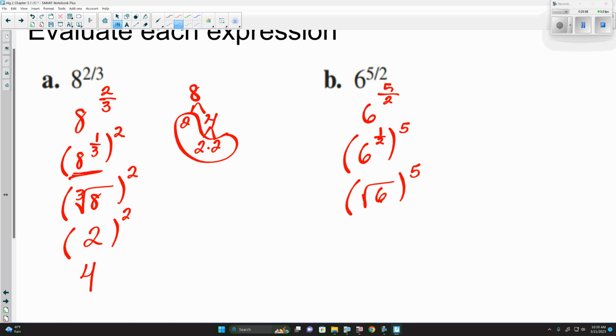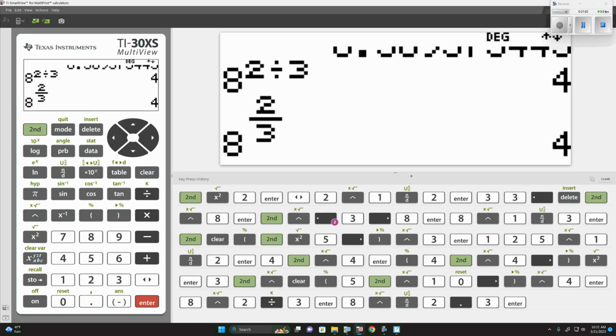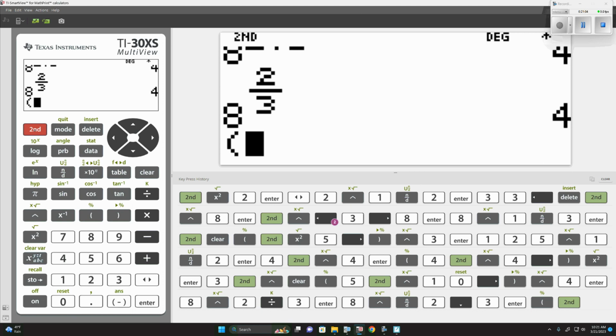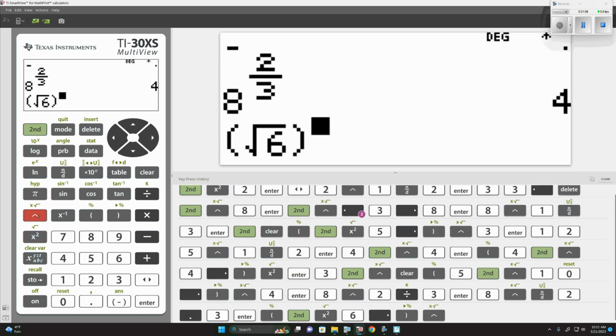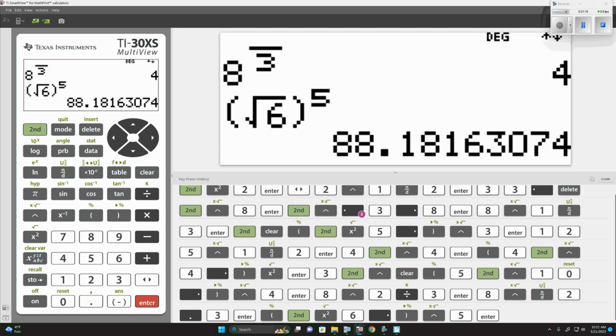Can we take the square root of 6 nicely? No. So we could say parentheses square root of 6 to the 5th. You can get 88.1816, this number here.